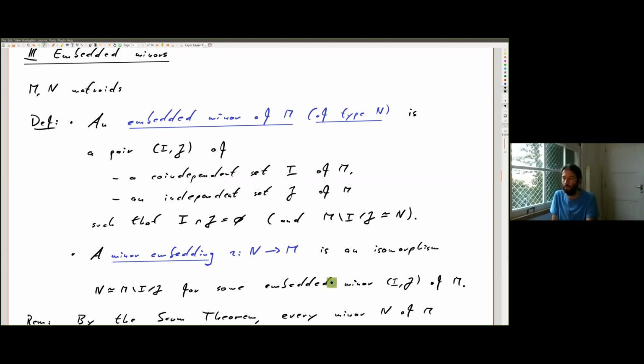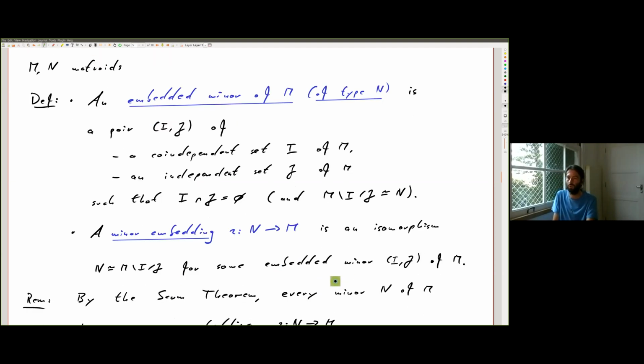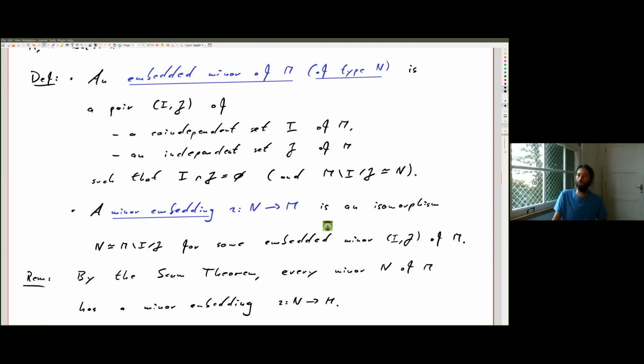Okay, one first remark, which is probably obvious to most of you. Every minor of M can be embedded. So every minor N of M is isomorphic to something of the form M excluded I contracted J, where I is co-independent and J is independent.